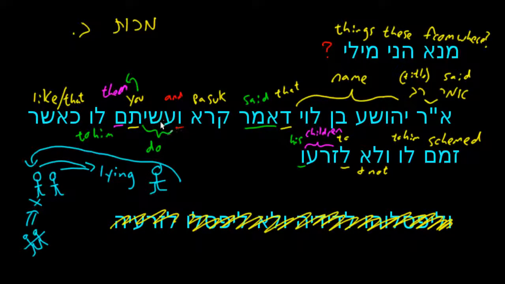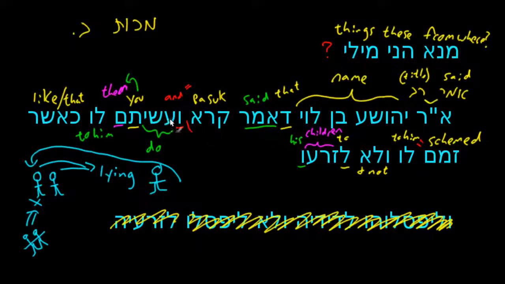But just so you know, if you look it up in a Chumash, you'll see when this quote ends, because now we're starting a quote. Amar kra, that the pasuk says, "Va'asisem lo ka'asher zamam," and if you look in the Chumash, you'll see that the quote ends here.